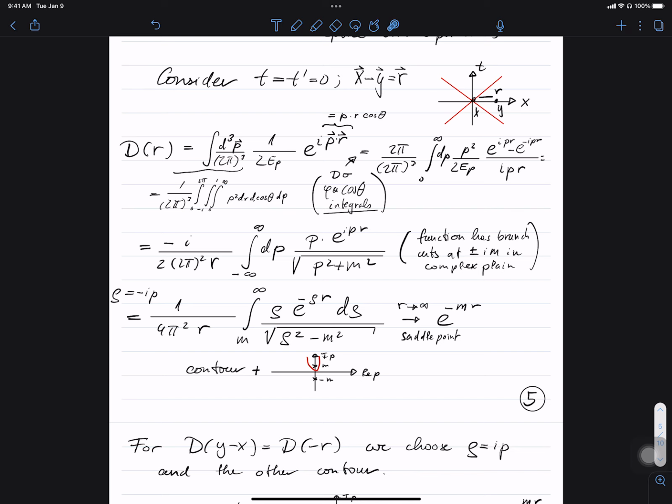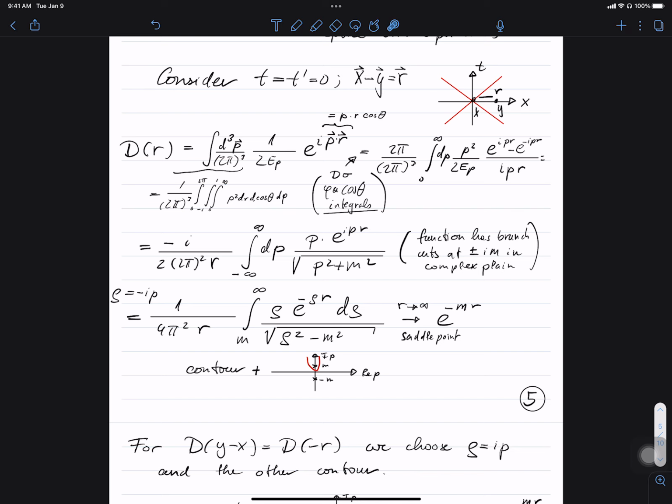For this we have to go to the complex plane. Think of complex function analysis, and we notice that this function here actually has branch cuts starting at plus im and minus im.